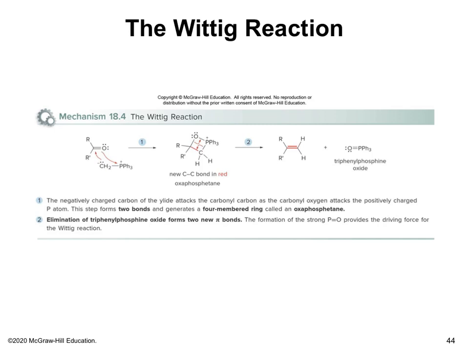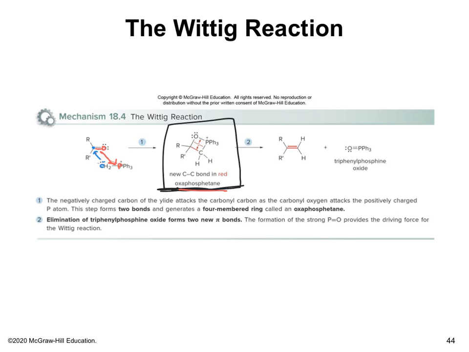I do want you to be able to show your oxaphosphetane. I think I spelled it wrong in the previous slide. But you see this is a four-membered ring. The negative carbon is going to attack this carbon electrophile, and then the oxygen electrons are going to go to the phosphorus, and that's how you get this four-membered ring, the oxaphosphetane, and then it collapses.